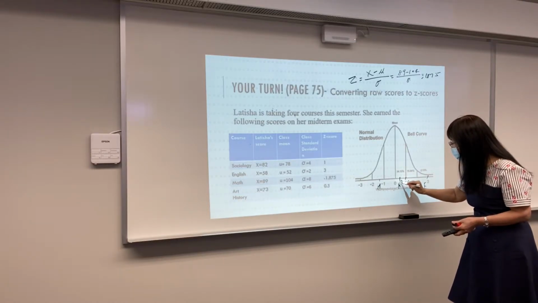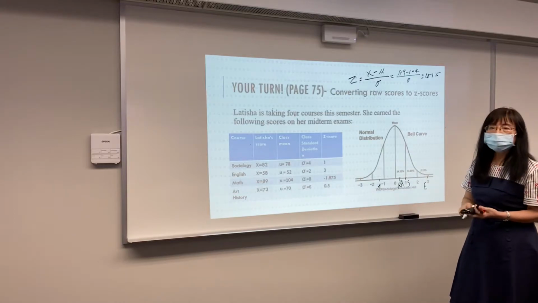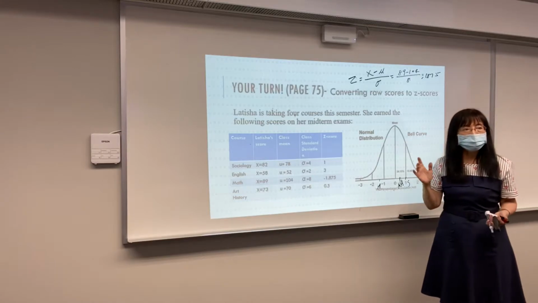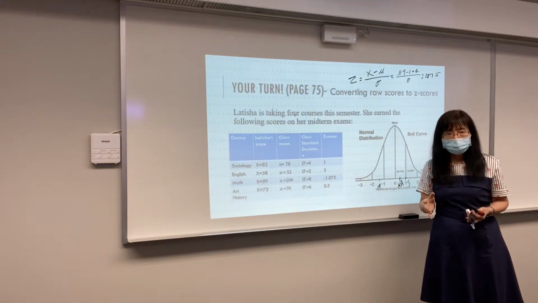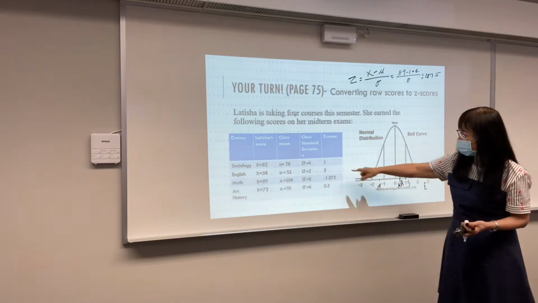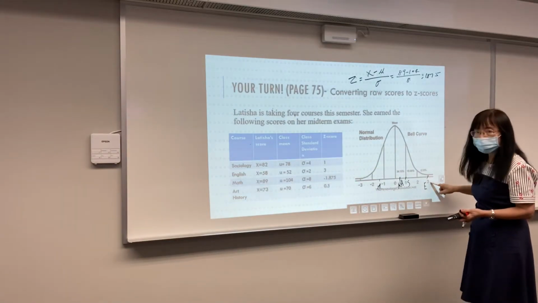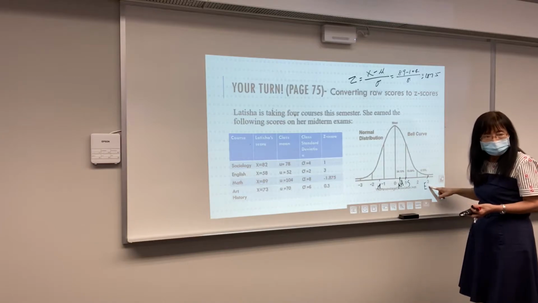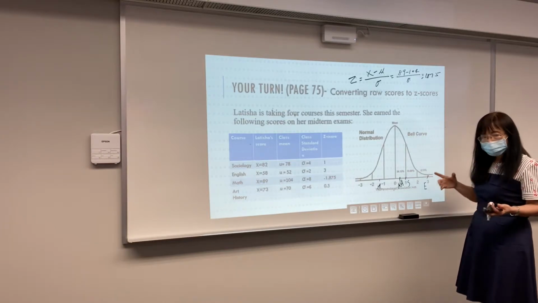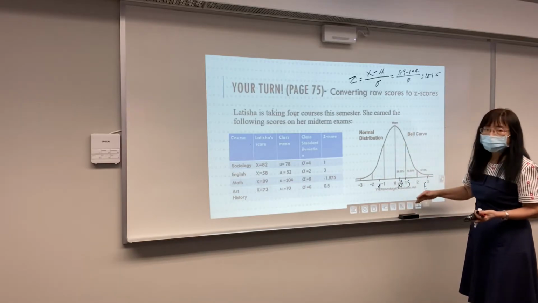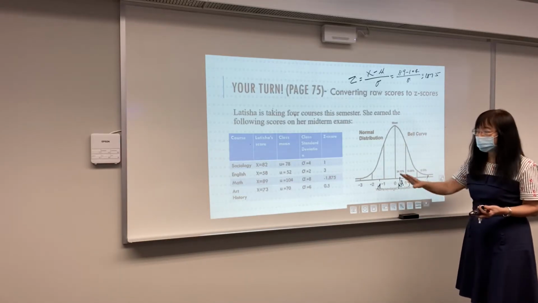Look at this one. Originally she thought her English was the worst, right? But if you look at this, 1, 3, her English actually performed the best. So if we know how to do the Z score, you can really compare yourself with your peers.